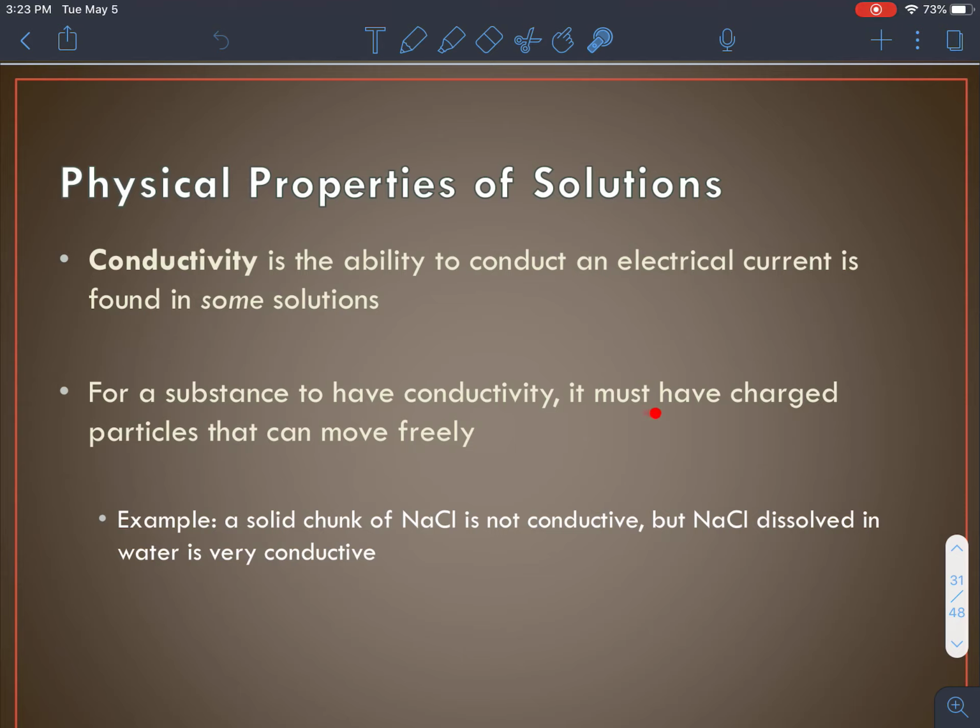For a substance to have conductivity, it must have charged particles that can move freely.